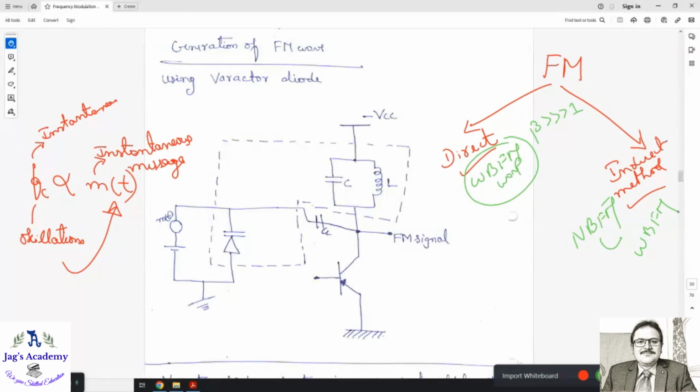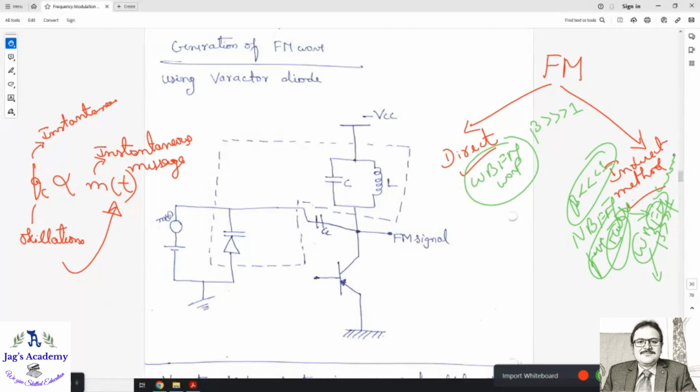You use frequency multipliers in between. We start from beta less than 1, use frequency multipliers in between, and then we end with beta very high compared to 1 and the desired frequency of your FM wave.